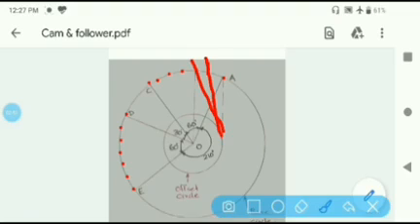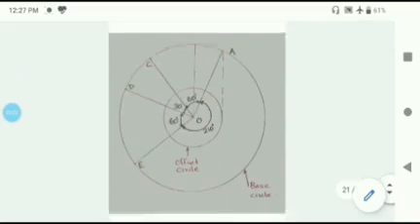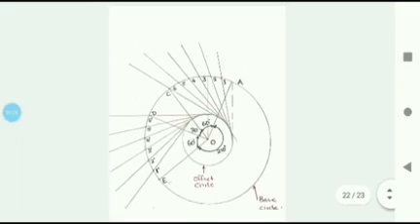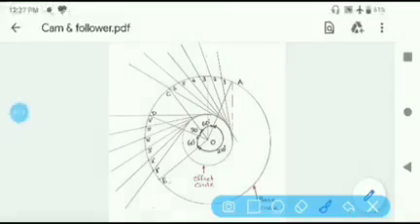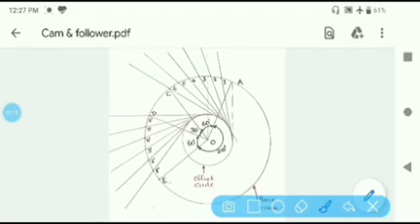Similarly, now from point 3 you draw a line tangent to the offset circle. In this way you do it, then you will get it like this. Similarly, in the return stroke region also you have to draw lines tangent to the offset circle.